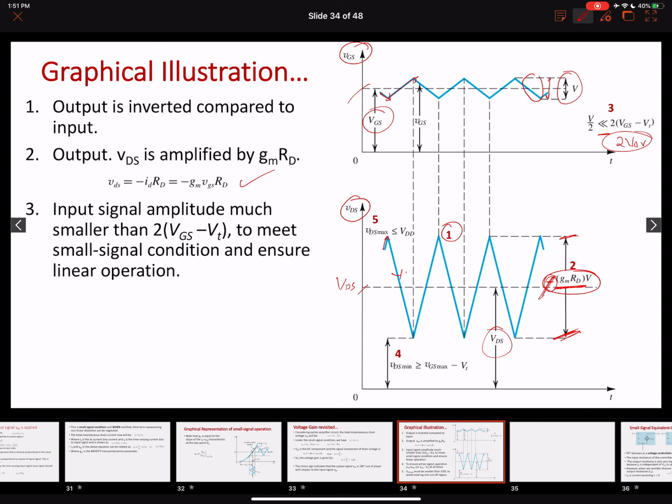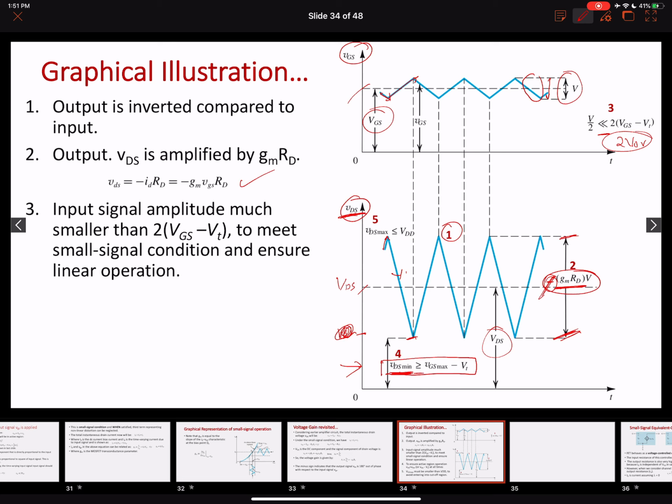The fourth important component is the smallest value of the output voltage, the VDS, once the swing is applied. The smallest value that is allowed at the output should be greater than the overdrive voltage. No, sorry, this is not the overdrive voltage. So the minimum value of the drain to source voltage, which is the output voltage, should be greater than the overdrive voltage to obtain a linear amplification.